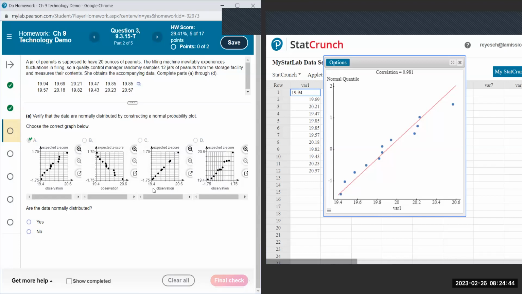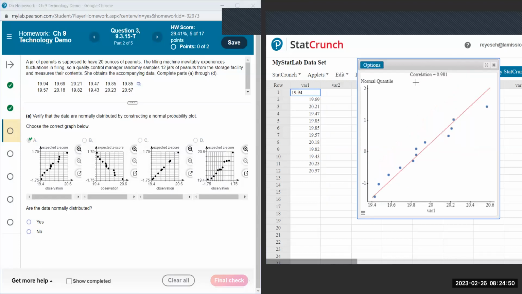Is the data normally distributed? So the correlation coefficient here is 0.981. And let's look at the table. Oh, they don't give us the table. See, this is one of those examples where it's not given, but 0.981 is pretty high. I would say yes.